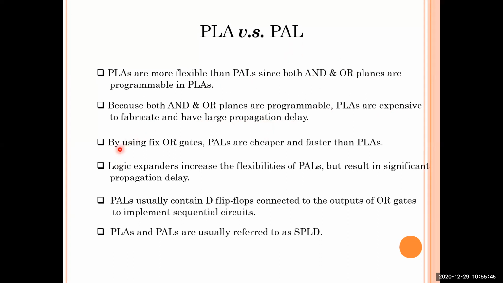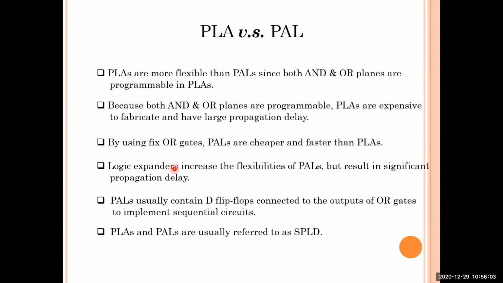By using fixed OR gates, PALs are cheaper and faster than the PLAs. Why are they cheaper and faster? Because of this one particular plane, which is a fixed OR plane. And logic expanders increase the flexibility of the PALs.